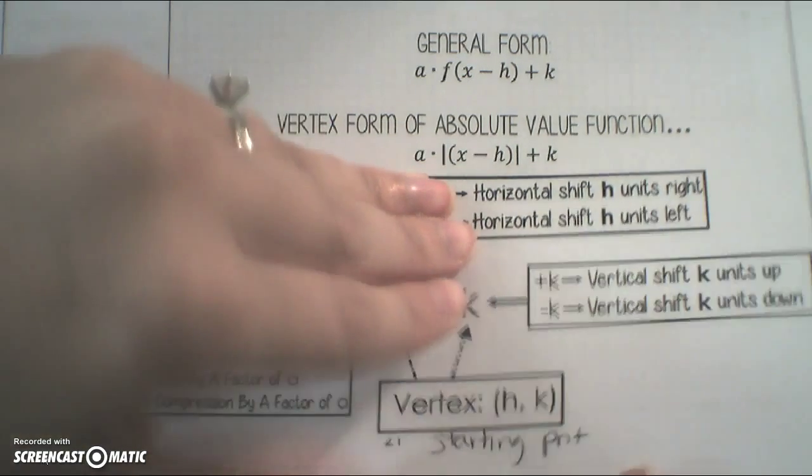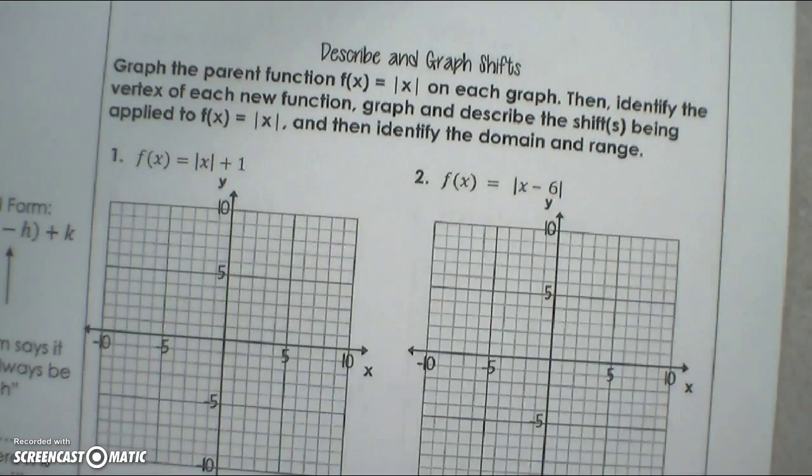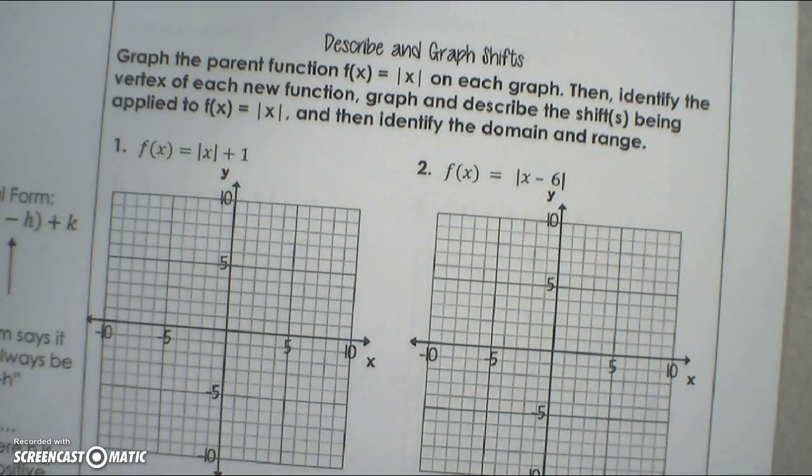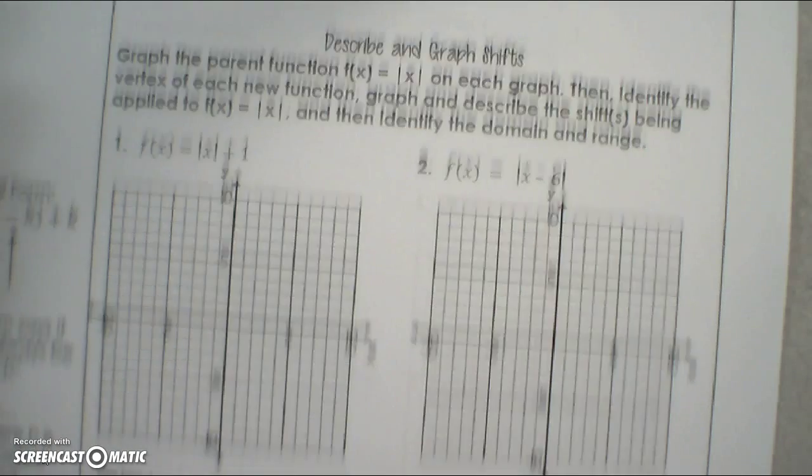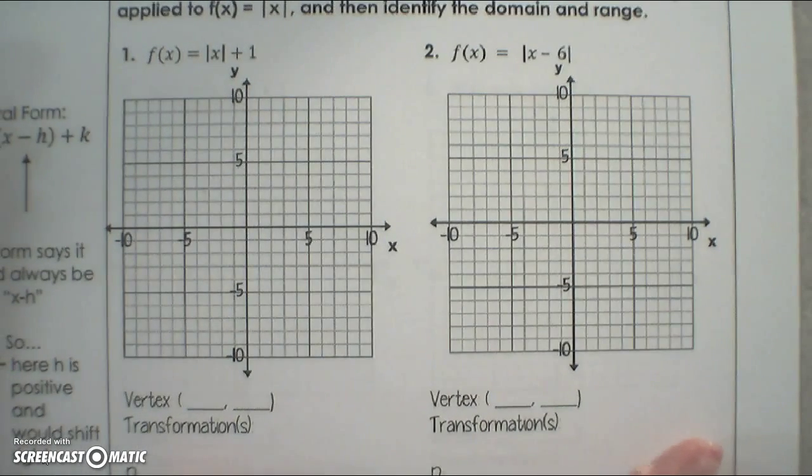So before we get started, what I want you to do is on pages 22 and 23 and 24, these next 3 pages, there's a lot of space for all of our graphs. I want you to go ahead and go through and just draw the parent function for absolute value in all of these.